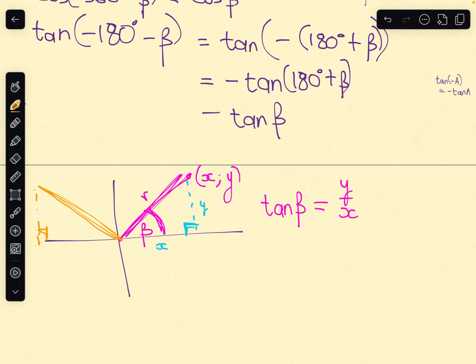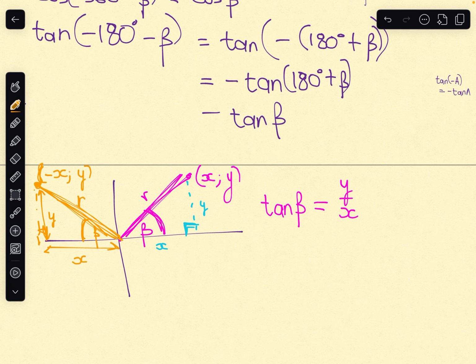This angle is still beta, of course. This length is still x units, and this length is still y units. And of course, this r, we don't really care about r right now because we're talking about tan, and tan is just concerned with y and x, but for the sake of completion. So the coordinates of this point now are negative x and y after that reflection.